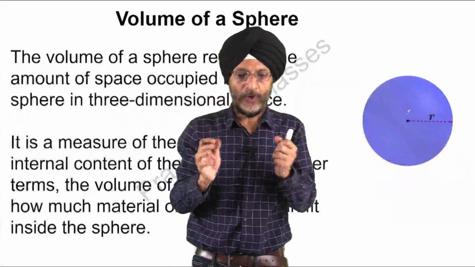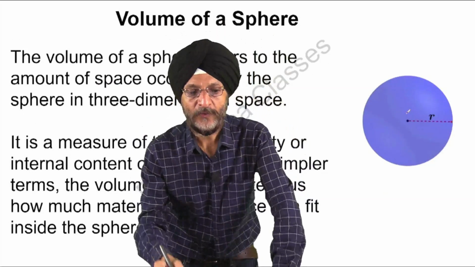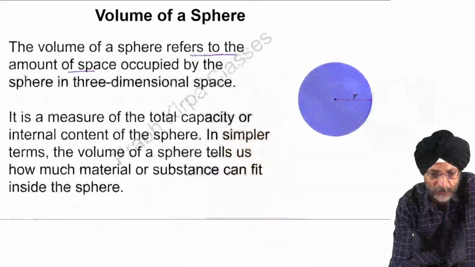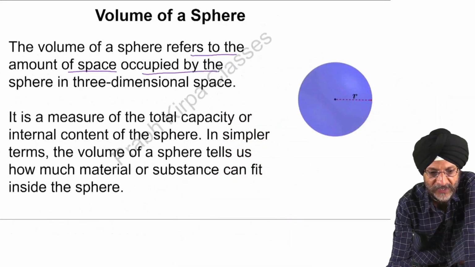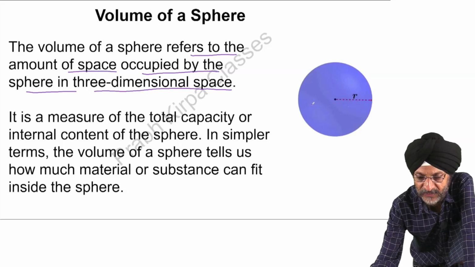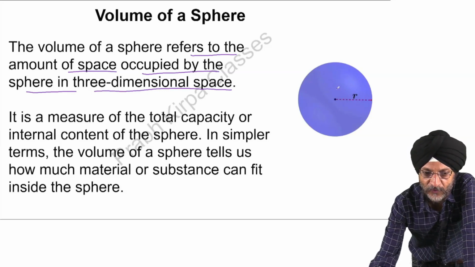Now, volume of a sphere. What is the meaning of volume of a sphere? Volume of a sphere refers to the amount of space occupied by the sphere in three-dimensional space. In other words, this space which is occupied by the sphere is known as volume.